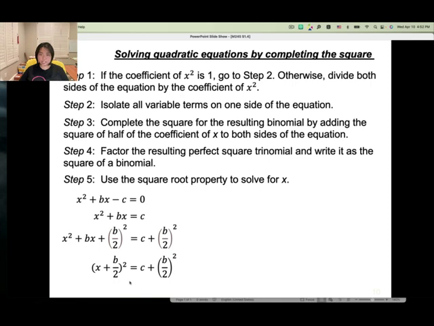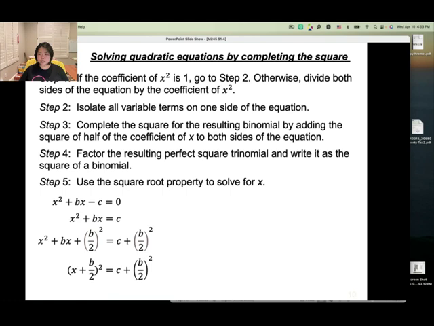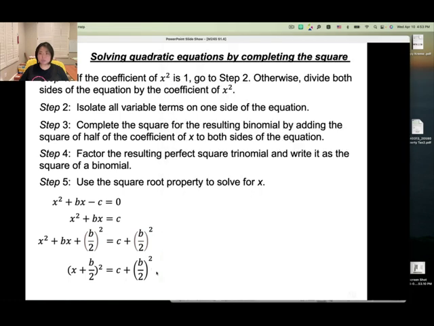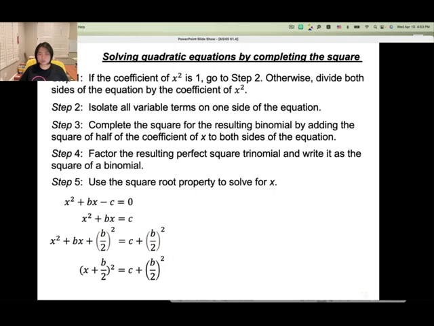Okay, at the end, this will be similar to the previous example: x minus something, squared, equal to a constant. This is going to be the constant when you combine it. So this is for when it's positive. When you have a negative here, it's pretty much the same thing.